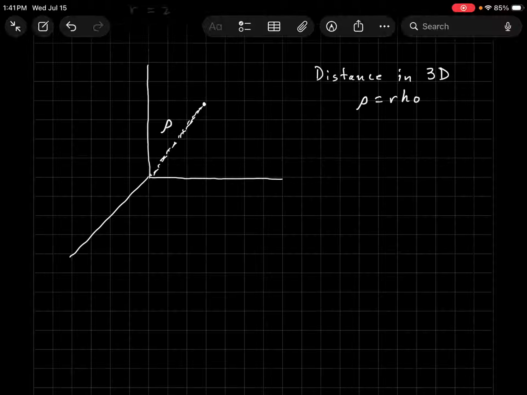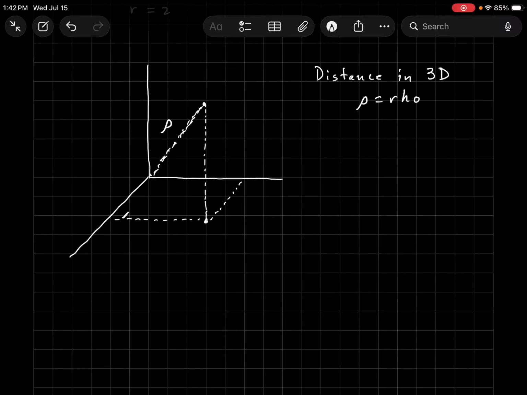How could I find that distance from the origin? Let's drop this down, pretend like it hits somewhere over here in the xy plane. And I'll draw some more detail for us, and I'll also put in some right angles.